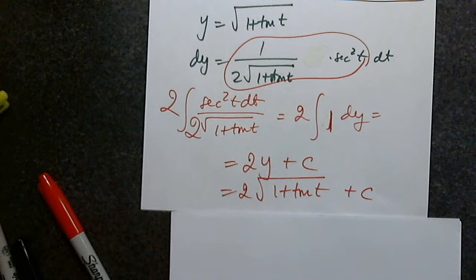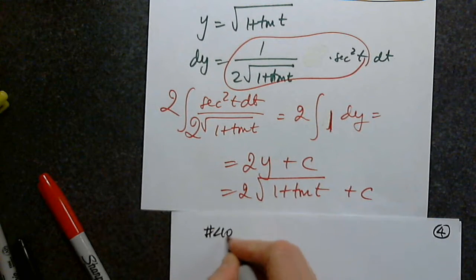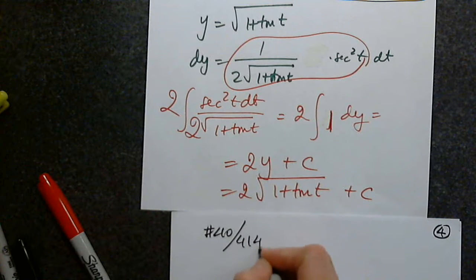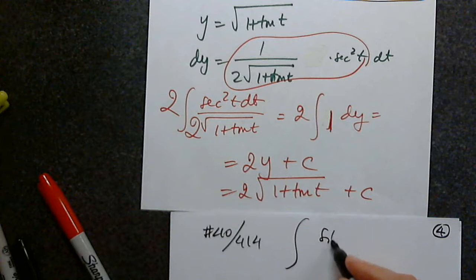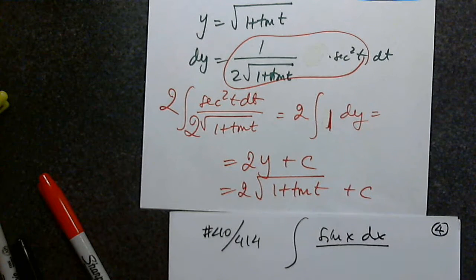What about 40? Same page, 414. So here's 40. The integral of sine x dx, everything divided by 1 plus cosine squared.